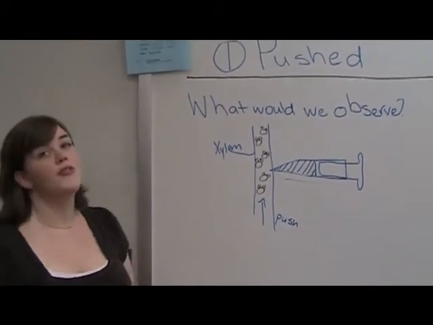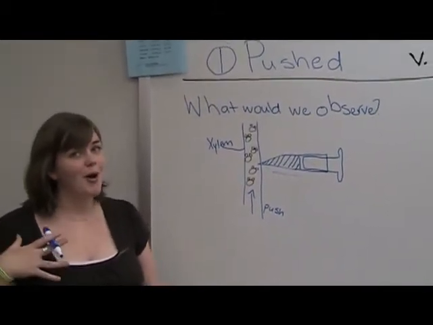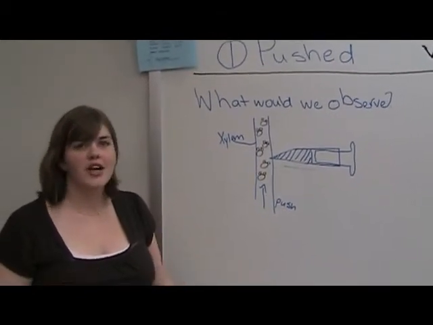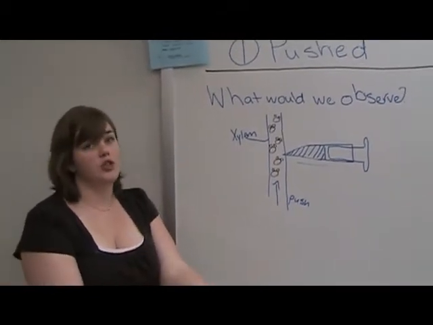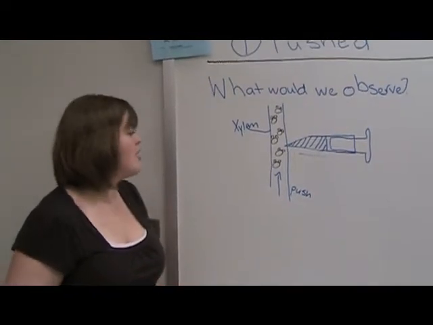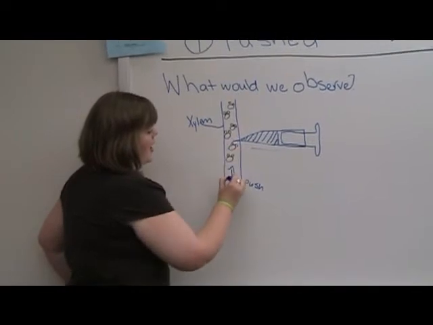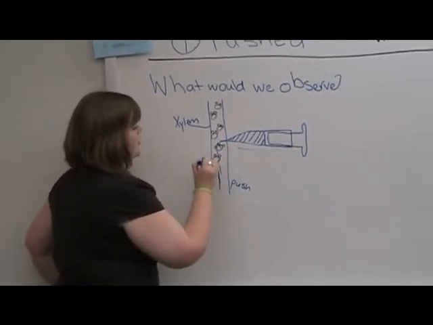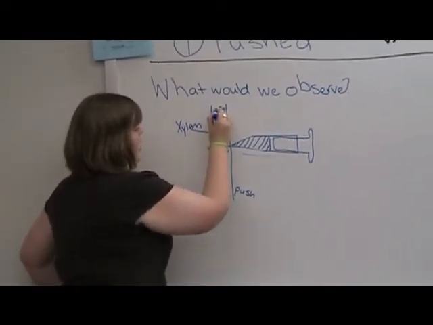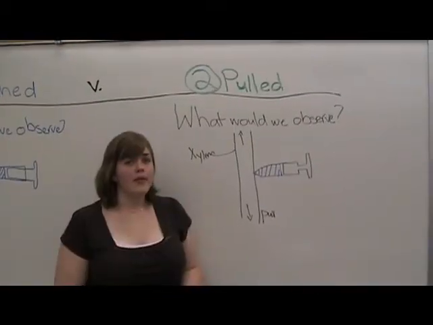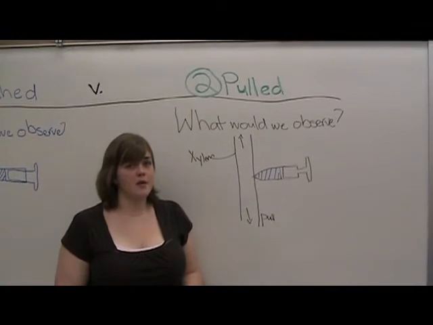If it goes directly into your vein, your heart pumps it in only one direction. It doesn't go both directions up your arm, it goes one direction through your vein in your arm. Same thing would happen here. As we injected, the dye would be pushed along with this water, and we would see the dye traveling in one direction only. So that's what would happen if the system was being pushed.